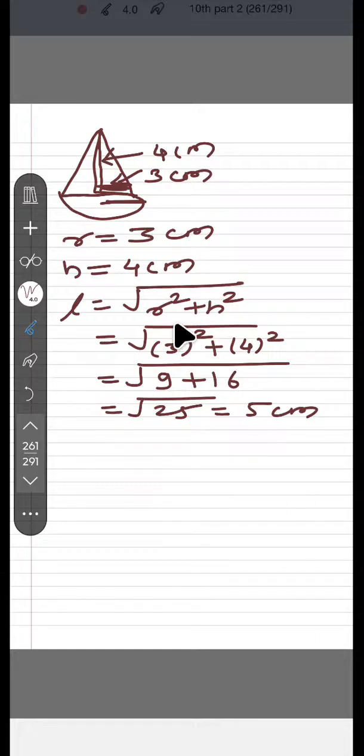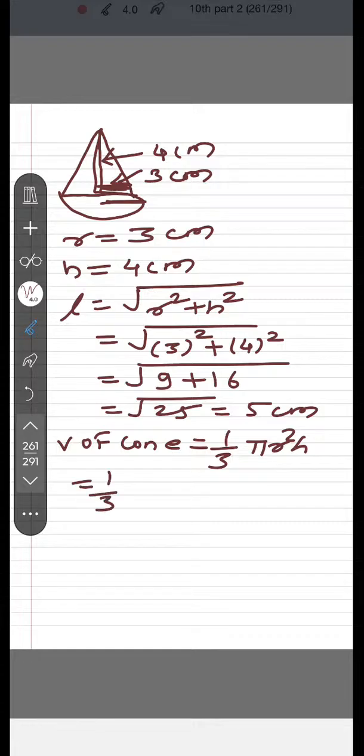Now, the volume of this cone. What is the formula for the volume of a cone? It is 1 upon 3 pi r square h. So I know 1 upon 3, and pi remains the same. What is the value of r? It is 3 centimeters, therefore 3 square.